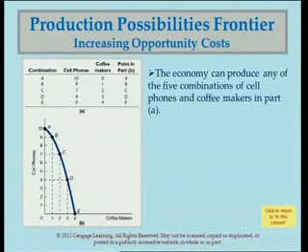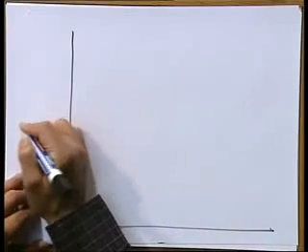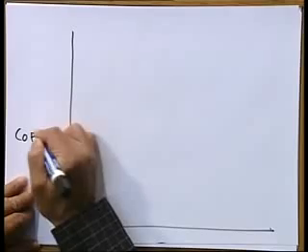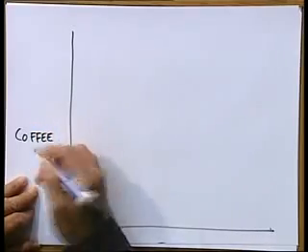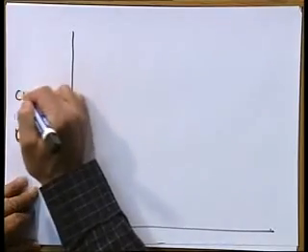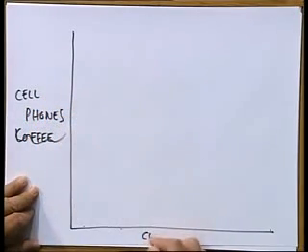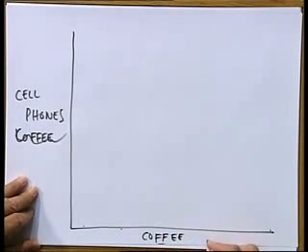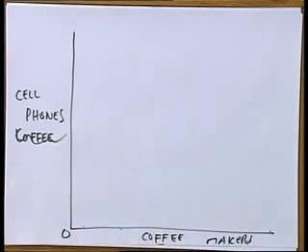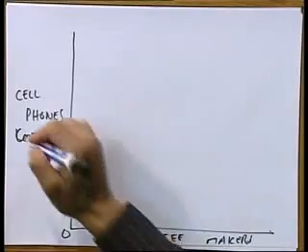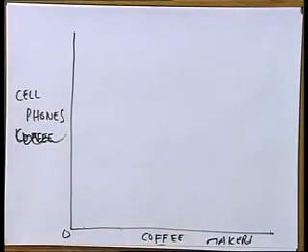So when we draw this diagram, cell phones are measured on the vertical axis, and the production of coffee makers is measured on the horizontal axis. Now I won't ask you in the exam to draw this curve, but you need to know where it is coming from and what it is indicating. And you must be able to interpret this curve. Okay? So what are we saying?